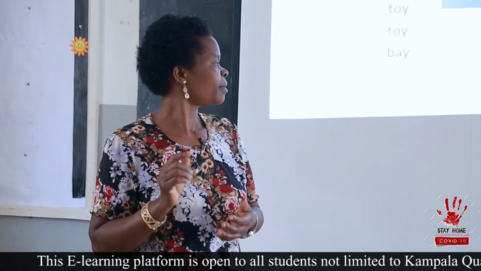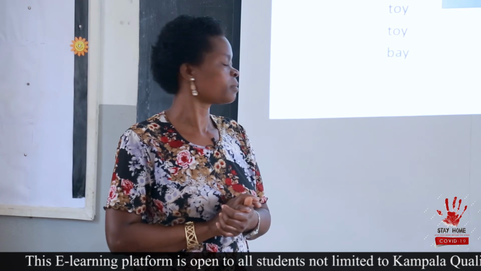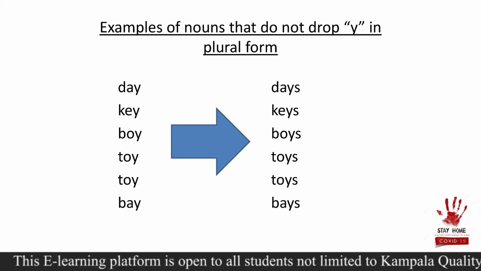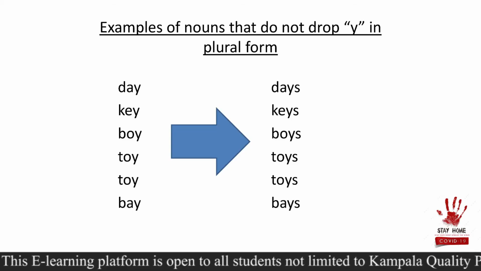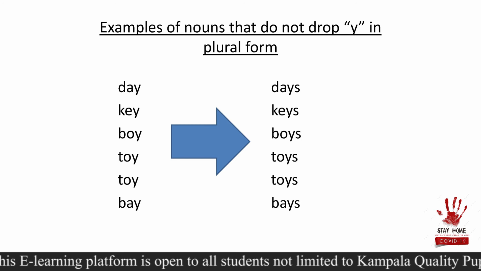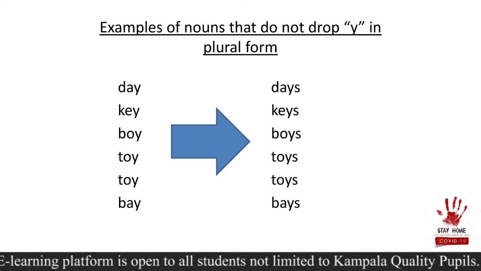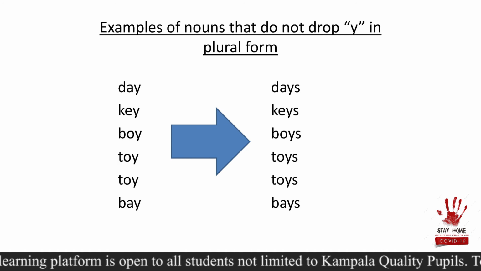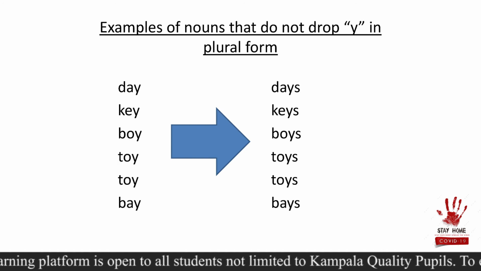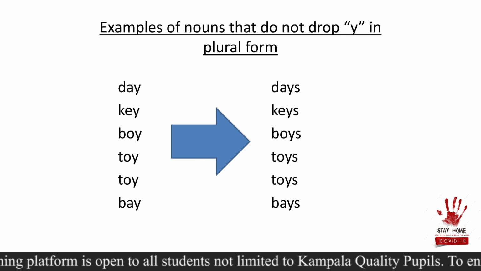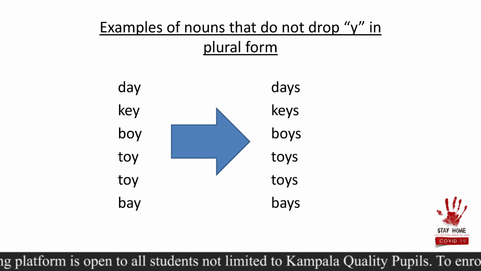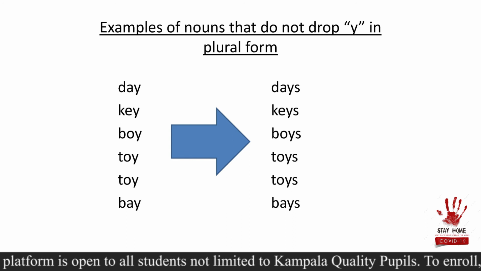Then we have bay, like the resting places. Bay, it has that A there. That A commands us just to put S. Then we shall say the bays, because the bay is like a resting place.